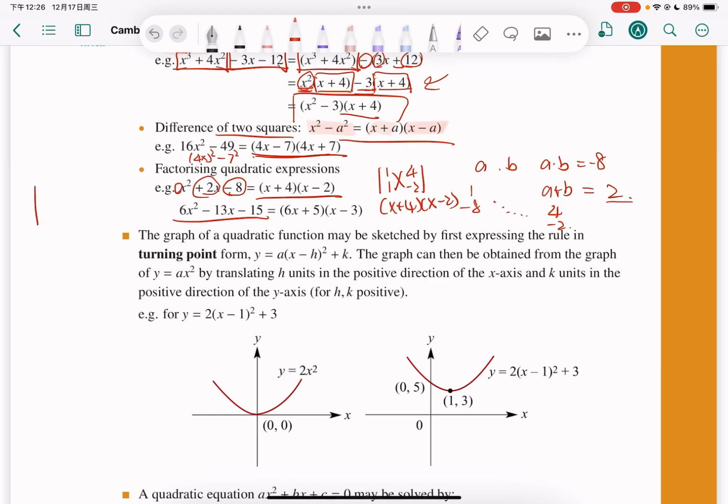We have 1 and 6, or you can try 2 and 3. For negative 15, we have 5 and negative 3.